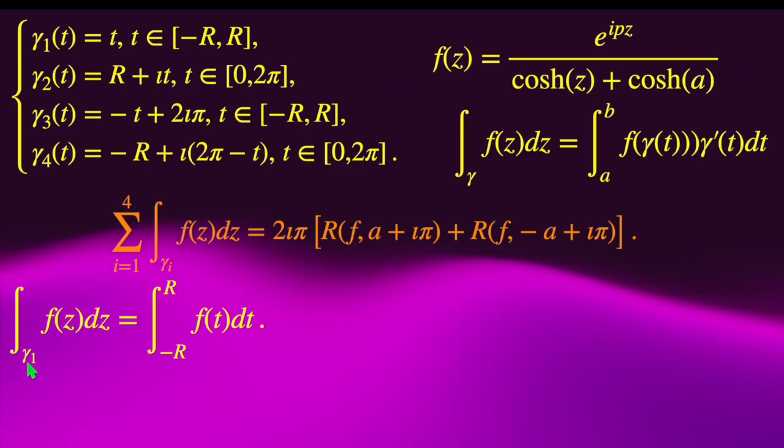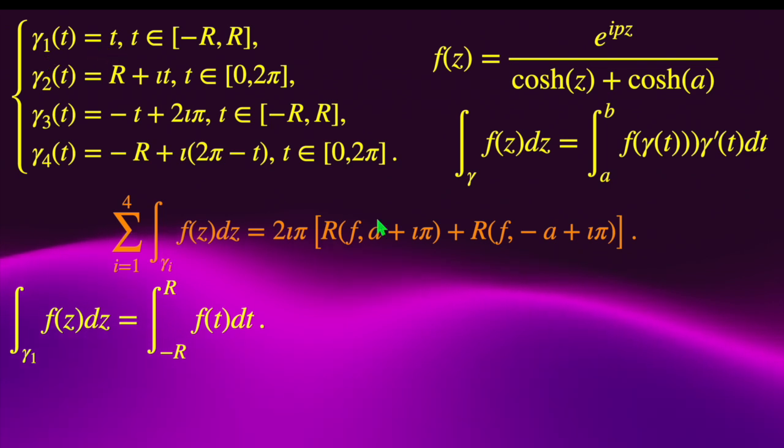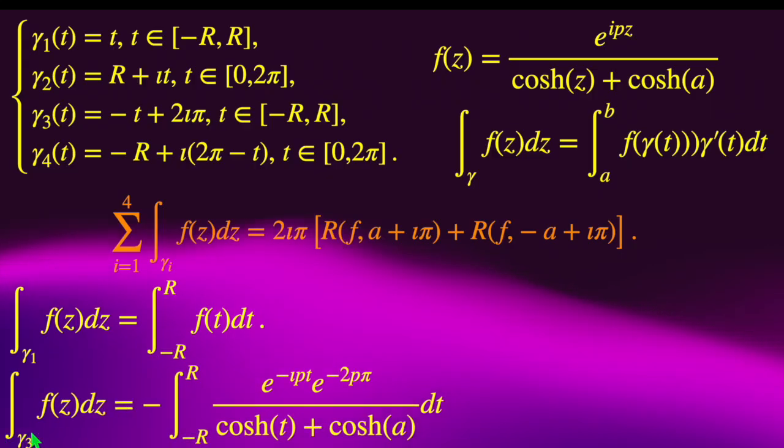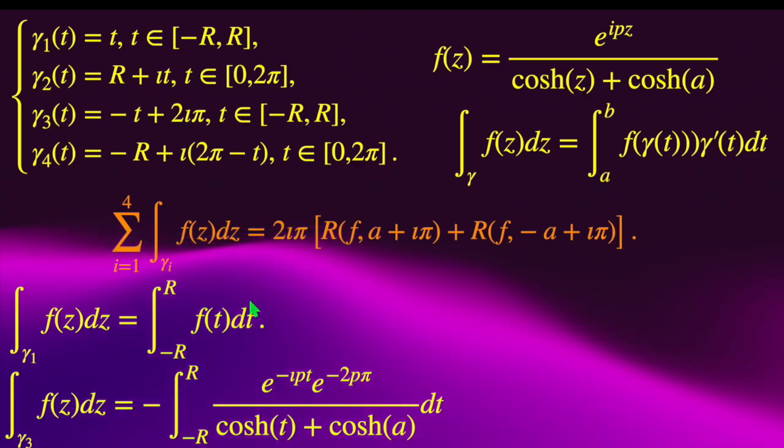The first one, since gamma 1(t) is t, by using this formula we get this one. For gamma 3, we get this formula.